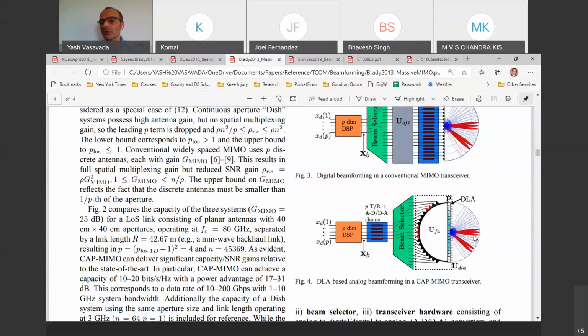So if for some reason only one such beam was active, only one transmitter was present, then there will be only one red colored value. And that will appear at the output. And now we have done the matched filtering operation directly there. And so you need only one RF chain.